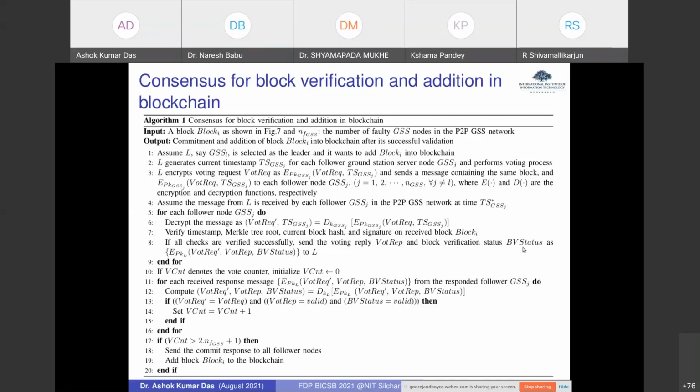After that, it encrypts the previously decrypted voting request message, the voting reply message, and the block verification status with the public key of the leader.